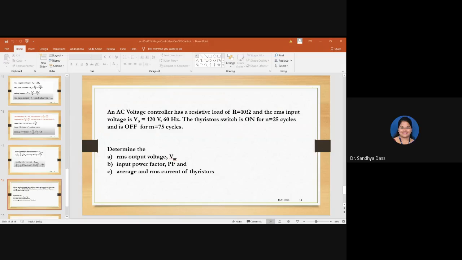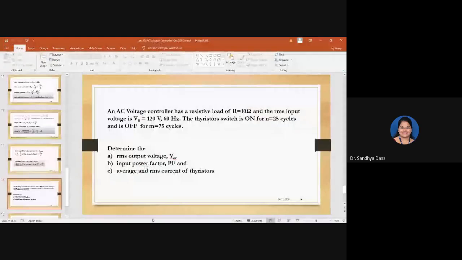Can anyone tell me? RMS output voltage V naught RMS is asked. To get that, the expression for the RMS output voltage V naught R is Vs into root K, right?